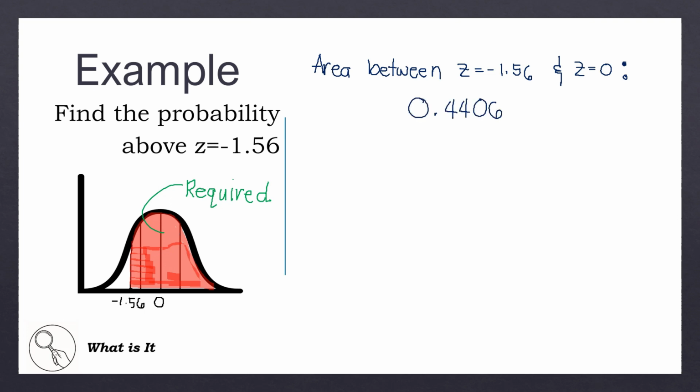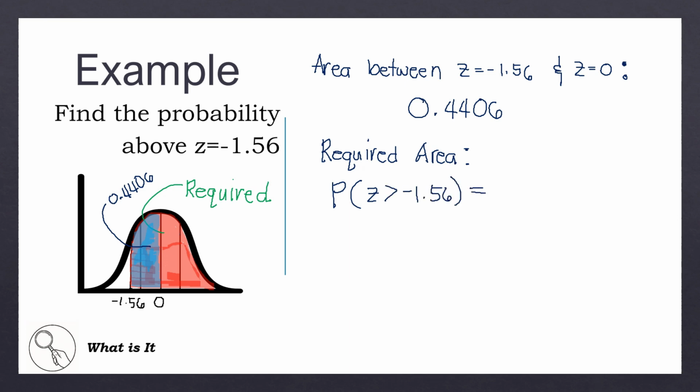Nakikita ninyo sa ating normal curve na ang kalahati nito ay mayroong shade. At ang natitirang shaded portion ay ang area between z equals 0 at z equals -1.56. Para makuha natin ang required area, pagsasamahin natin ang mga areas na nabanggit.